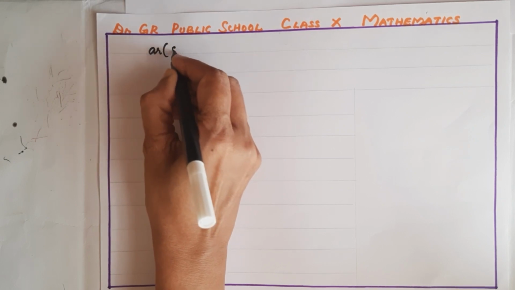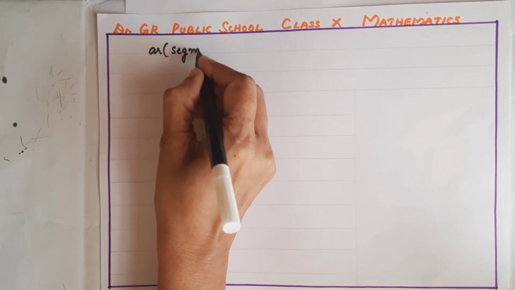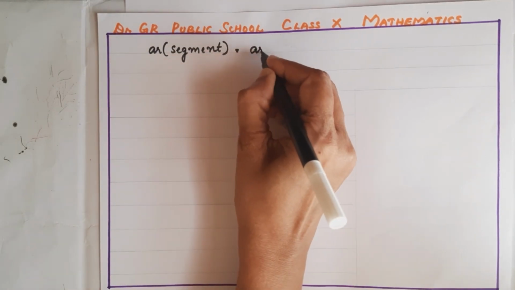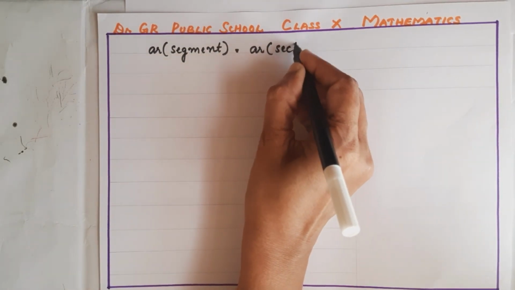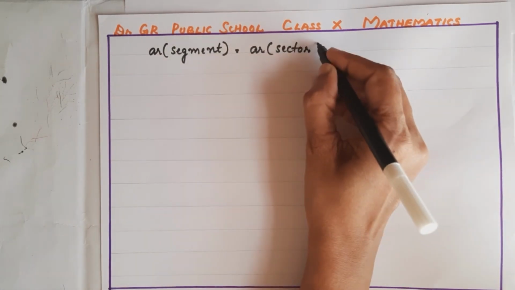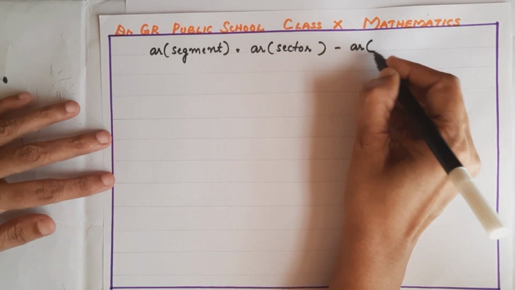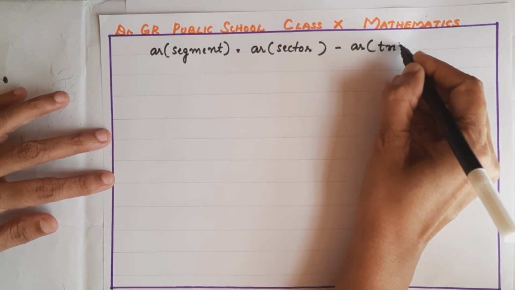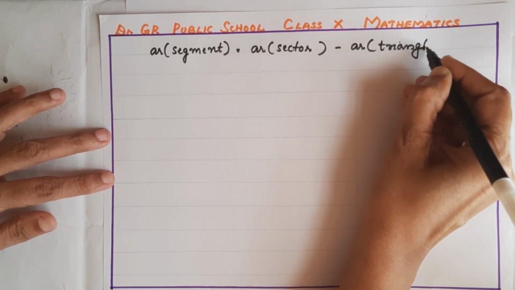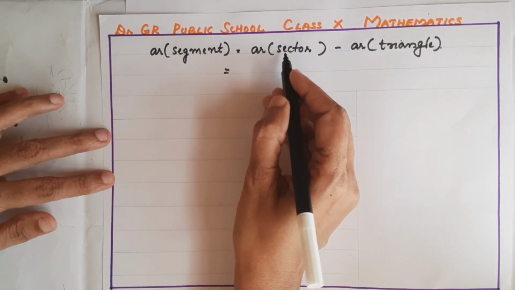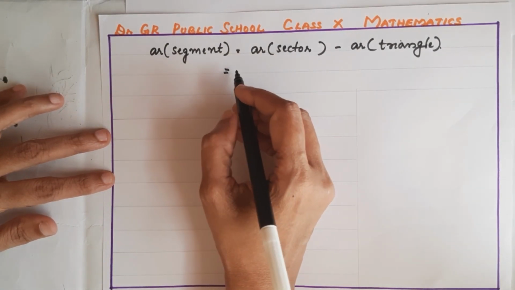Area of segment is equal to area of sector minus area of triangle. Okay. So here area of sector means area of quadrant.